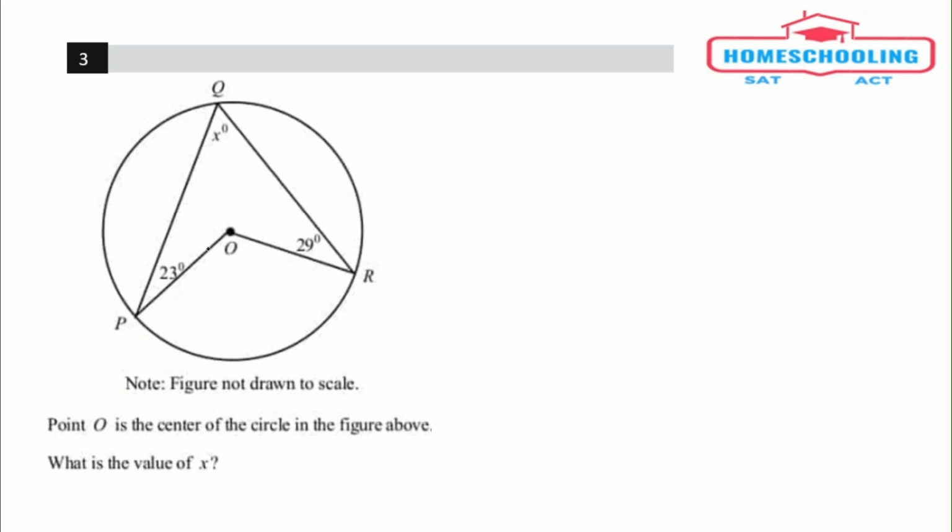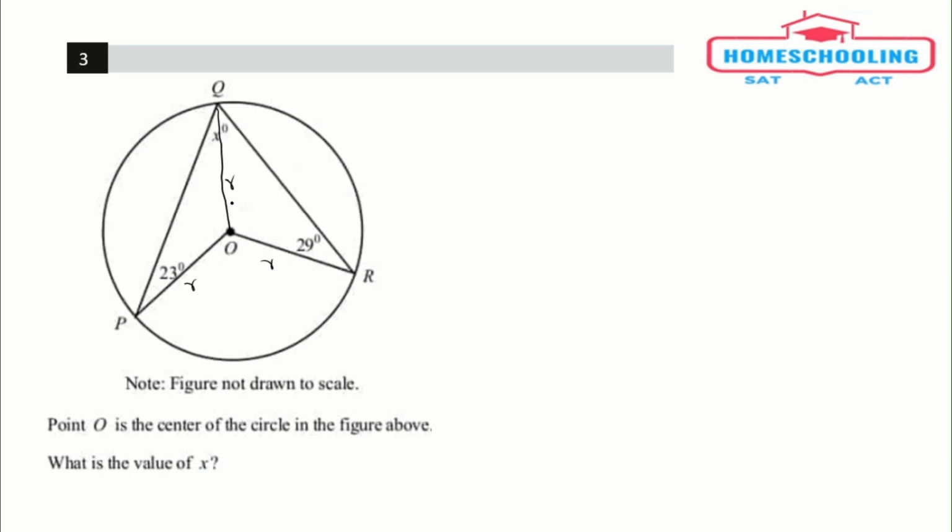So we know OP is going to be r, and OR is also r, that is the radius. If we draw a line from here, OQ, this will also be equal to the radius, so we can take this one also as r.